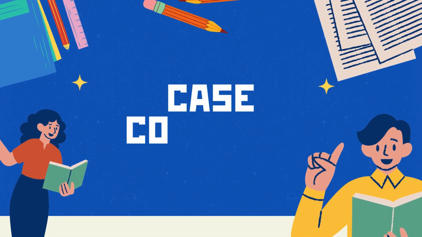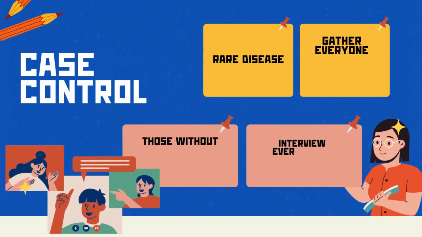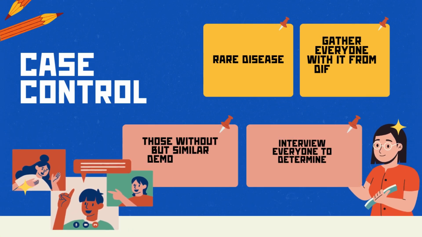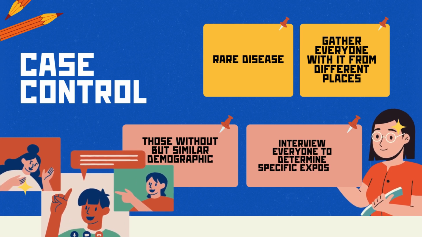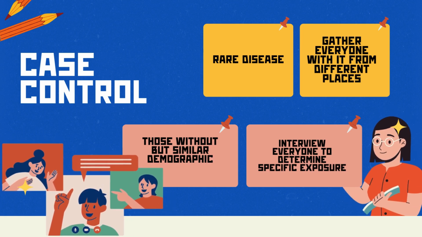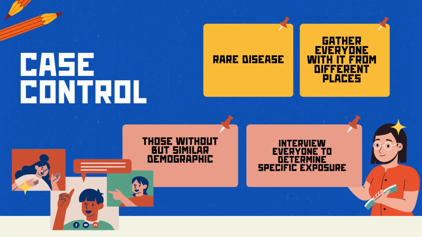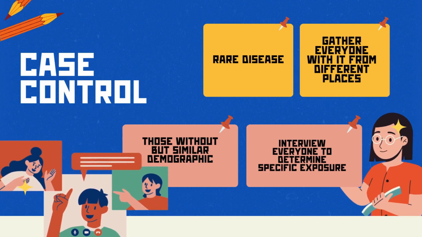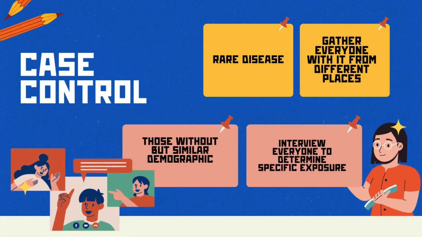Now let's look at case controls. In a case control, typically you have most times a scarce, a rare disease, and so you gather all the people who have the disease from so many places and put them together, and so you get your 20, 30 people who say have breast cancer.